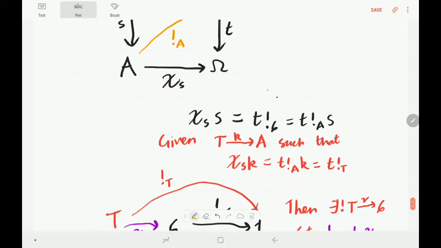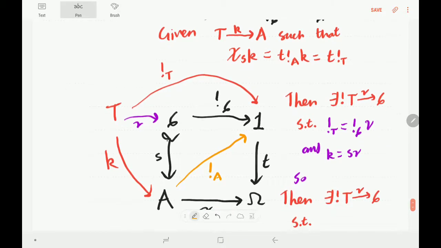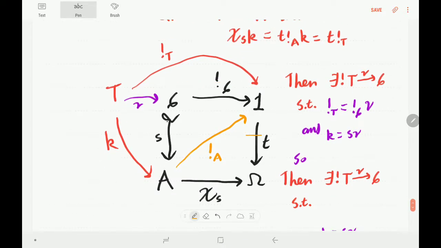And now given some K, which also equalizes these, we have that chi of S after K equals T after exclamation mark of the domain of K. So we have this kind of picture.